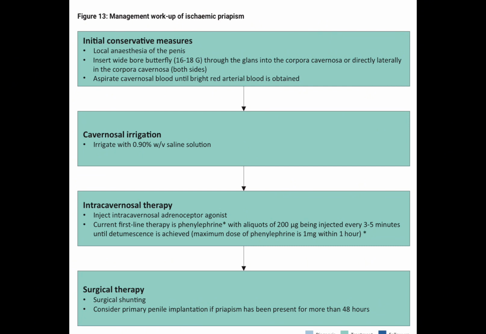If it is not successful, then we can go for cavernosal irrigation, and we will irrigate with 0.9% normal saline solution. If it still does not relieve the condition, then we will go for the next line of management, which includes intracavernosal therapy, the intracavernosal injection of an adrenergic agonist, and currently the first line therapy is phenylephrine.